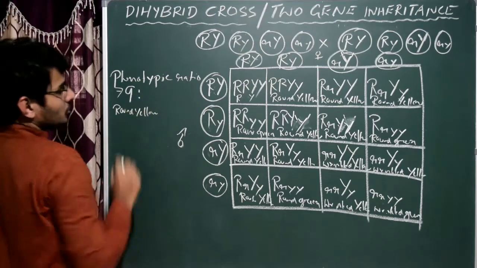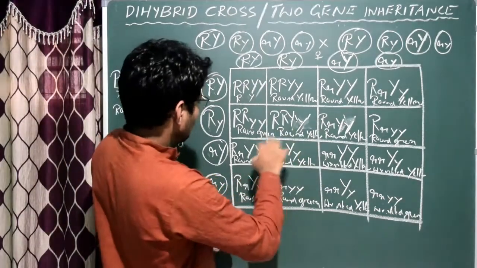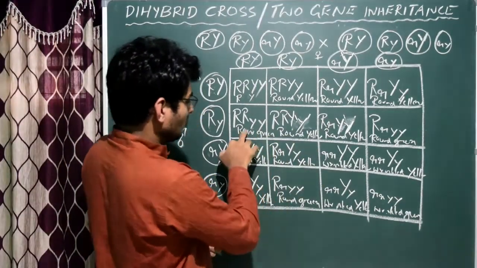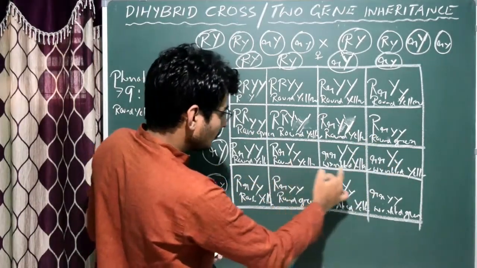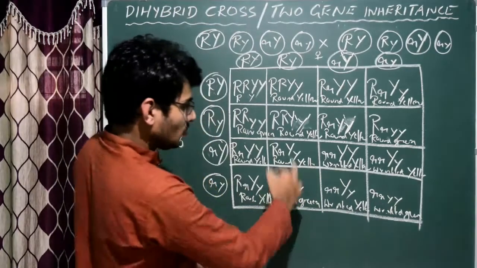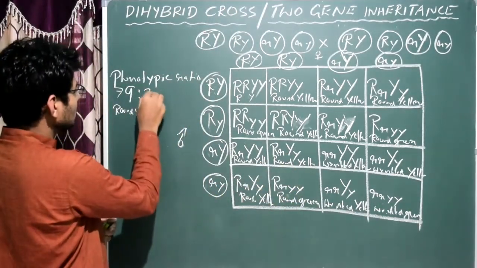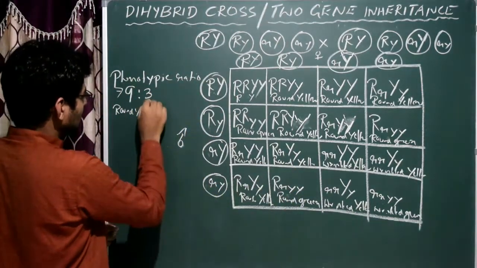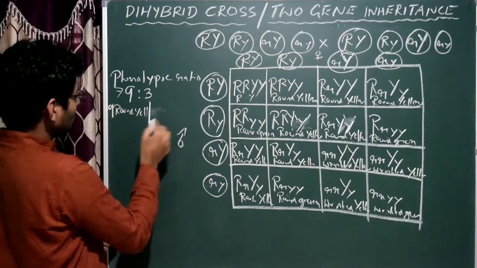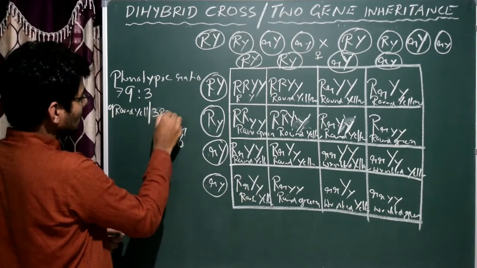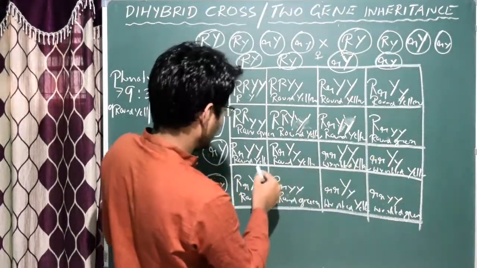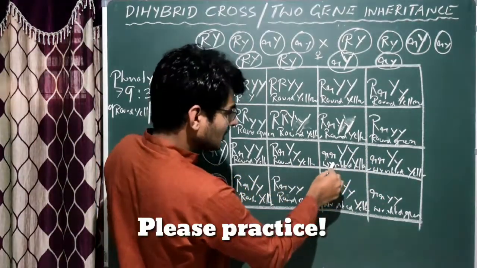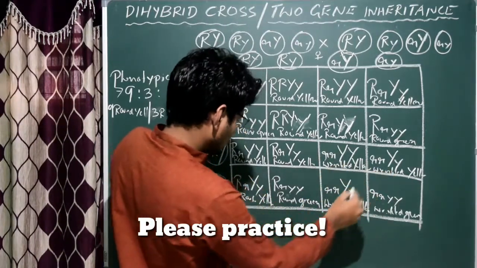Let us consider how many are round green. Round green: 1, 2, 3. So we have 3 round green. I'll write here: 9 round yellow, 3 round green, and one more character, wrinkled yellow: 1, 2, 3.